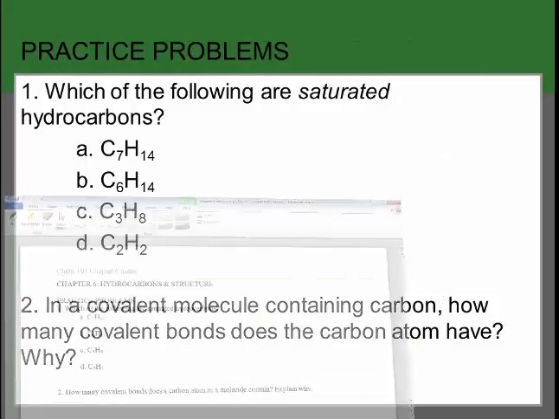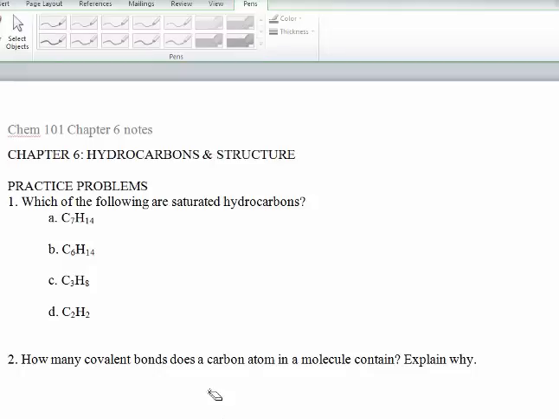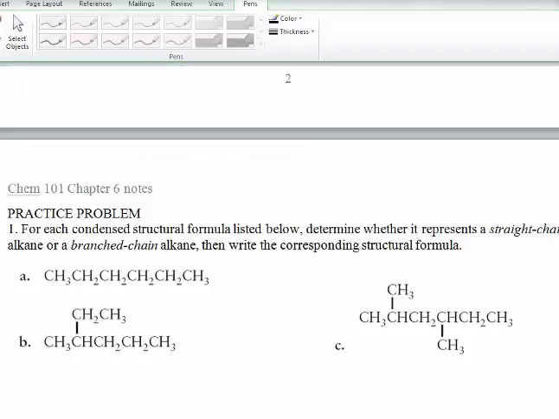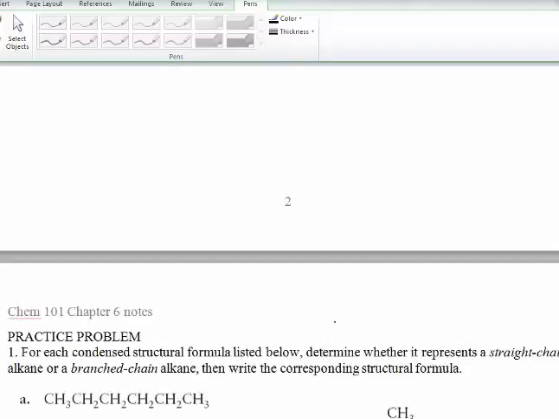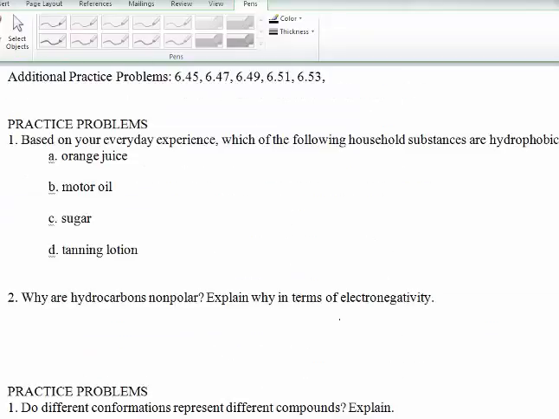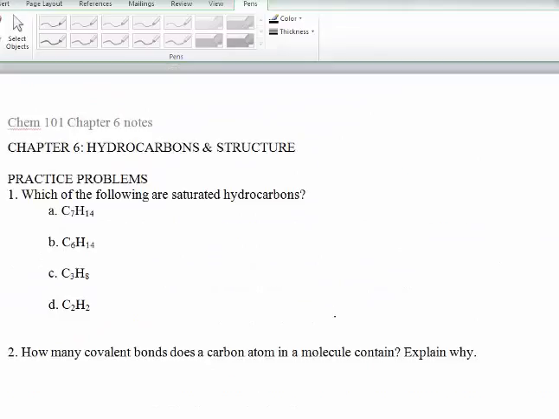So some practice problems. Which of the following are saturated hydrocarbons?